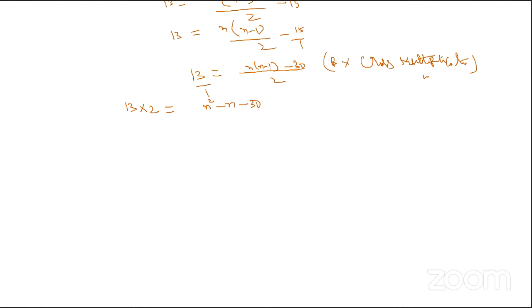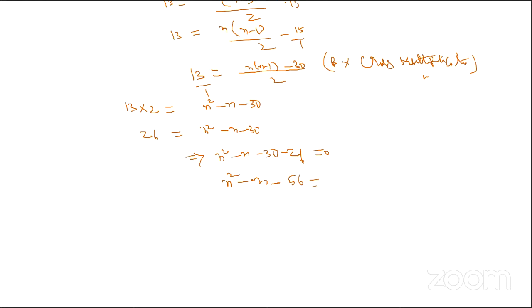That means 13 into 2 is 26, that equals n square minus n minus 30. So transpose to one side: n square minus n minus 30 minus 26 equals 0. So n square minus n minus 56 equals 0.